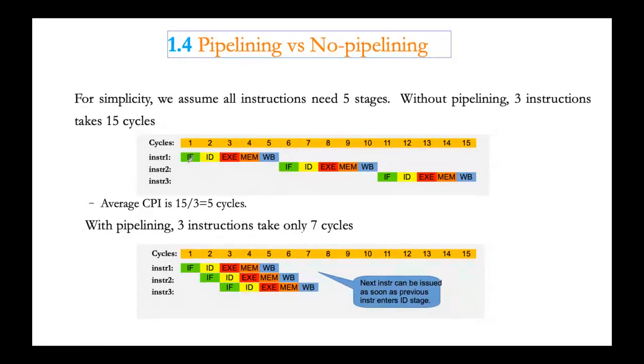When it first enters the first segment in the first cycle, instruction fetching, it utilizes the program counter, the instruction memory unit, and the adder, which adds 4 bytes to the program counter.